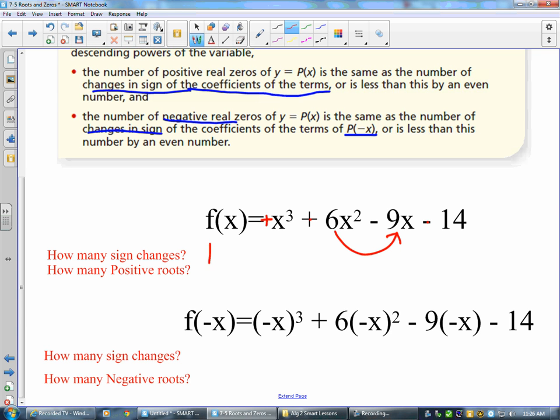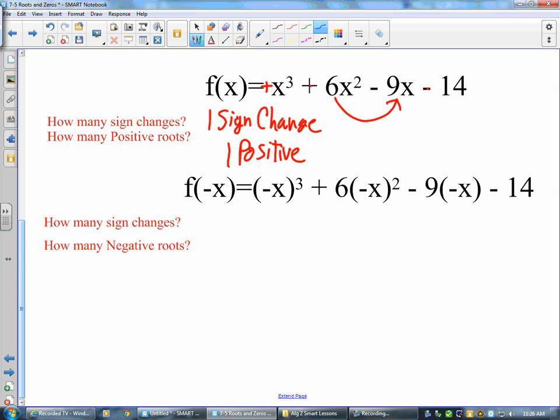So that means there is one change, which means we are guaranteed one positive real answer.